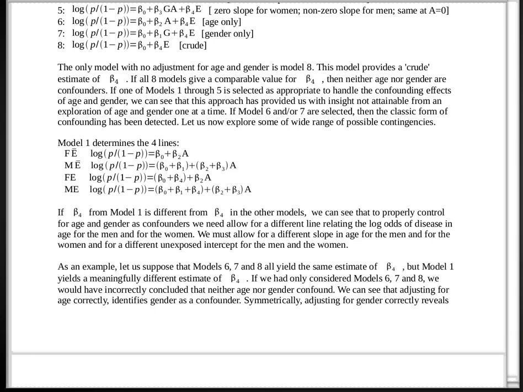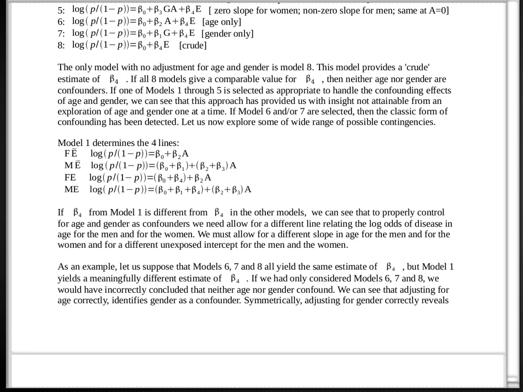But if we've decided that beta 4 is meaningfully different from Model 1 and from the other models, we can see that to properly control for age and gender as confounders, we need to allow for a different line relating the log odds of disease and age for the men and for the women. We must allow a different slope in age for the men and the women, and a different unexposed intercept for the men and the women. Okay.